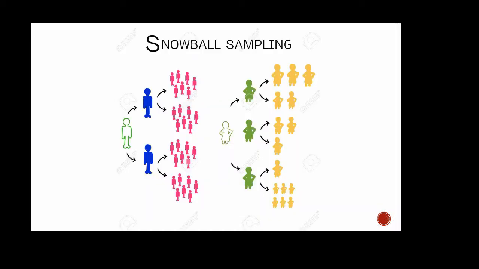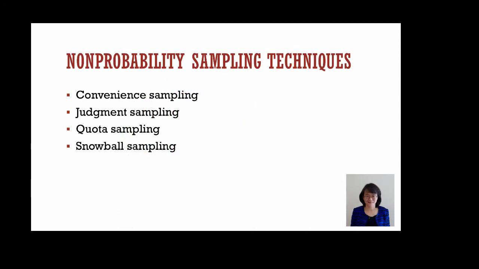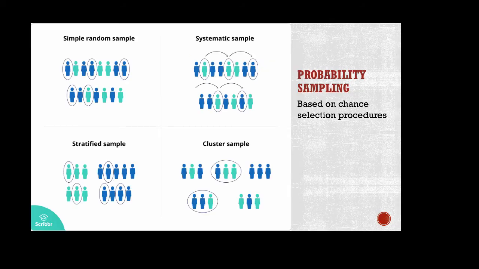Snowball sampling is where existing subjects recruit future subjects from among their acquaintances. These techniques are convenient to use, but more subject to systematic sampling error. Sorting out systematic sampling error from the random sampling error also proves problematic.